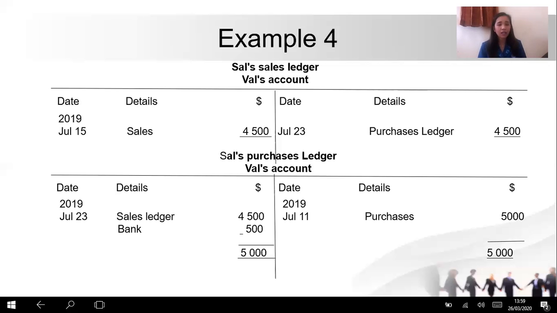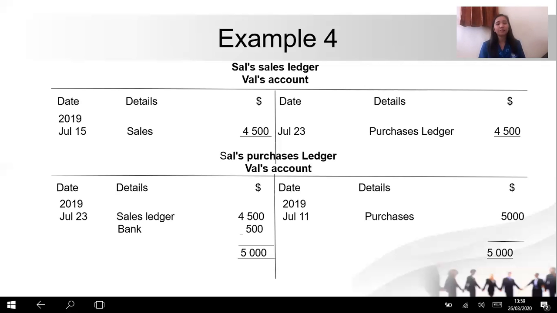The second one is the purchase ledger control account. Basically, it is on the credit side, but it is possible that the purchase ledger control account could be on the debit side. So we put all of the transactions into the ledger and then find the balance b/d and balance c/d.